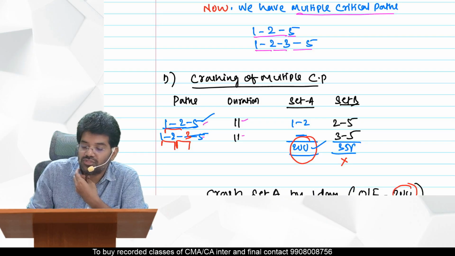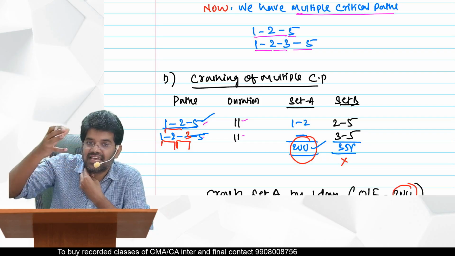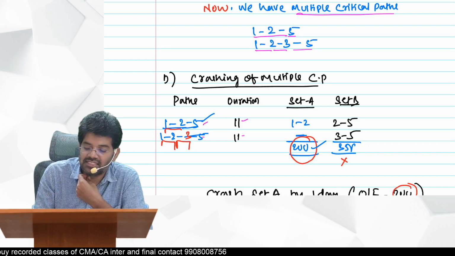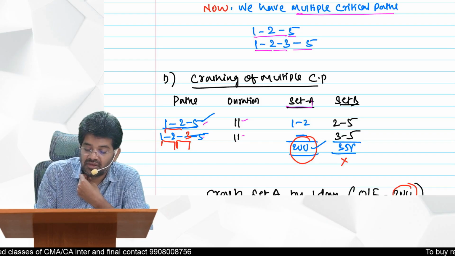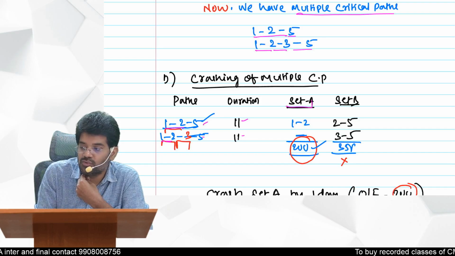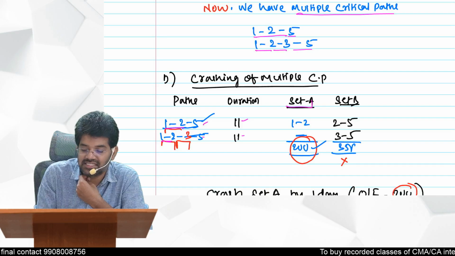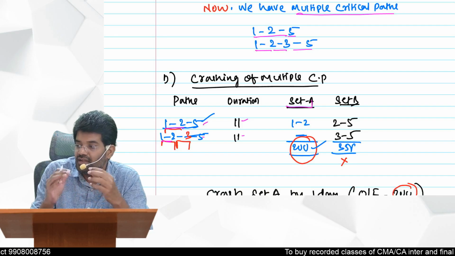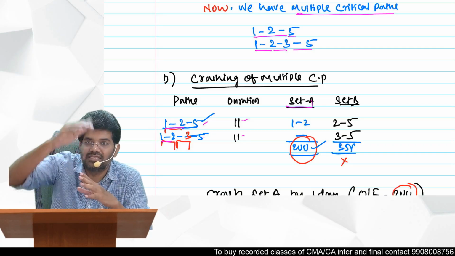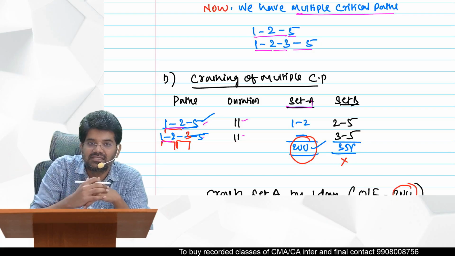Now, to select the activities, you should first create sets. First I am creating set A. If I select 1 to 2 here, automatically in the other path also we have 1 to 2, or not? Yes. So you should find activities that are common to both the paths.